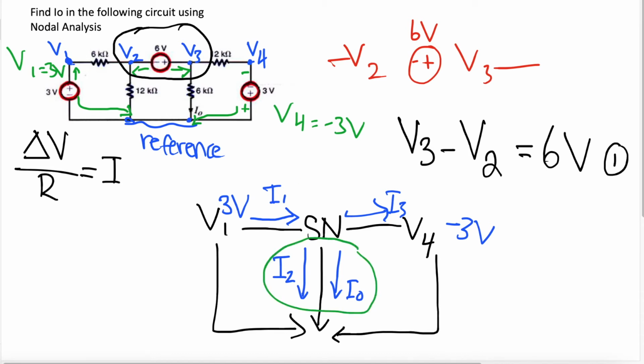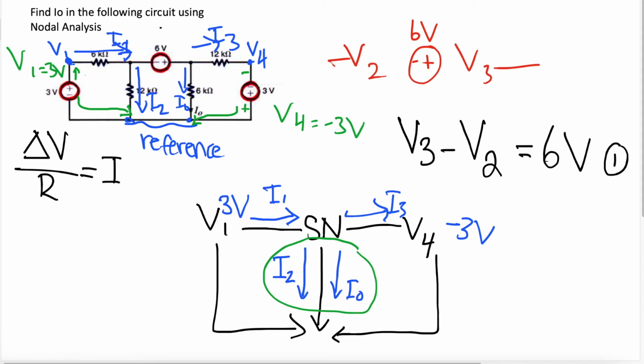If we were to draw this over here, we can erase this. If we come down here, this would be our I2, and then our I0 would be over here. Our I1 would come in, and then our I3 would go this way.